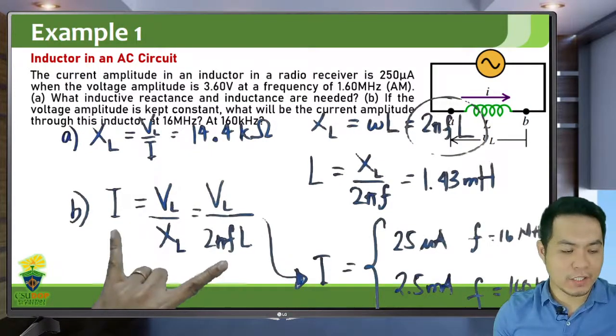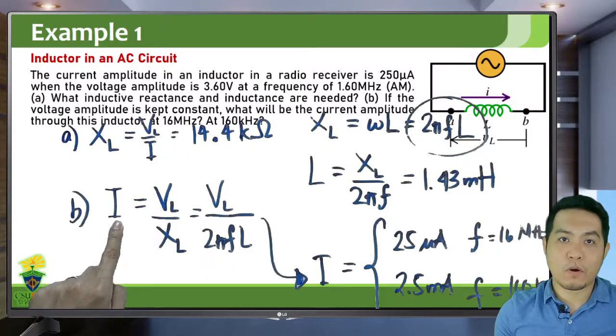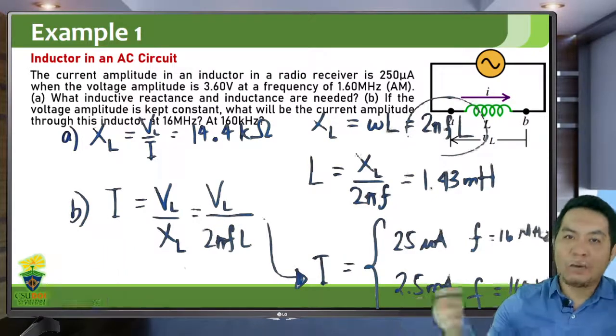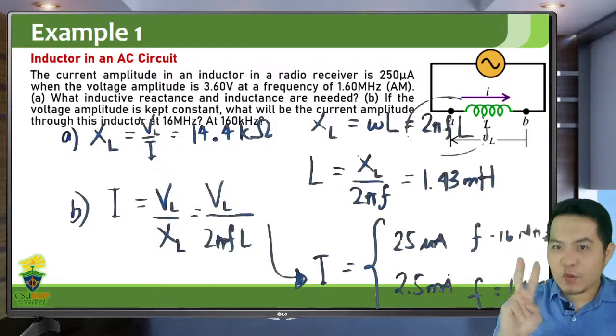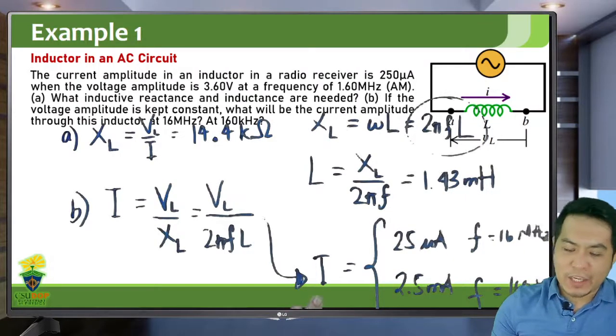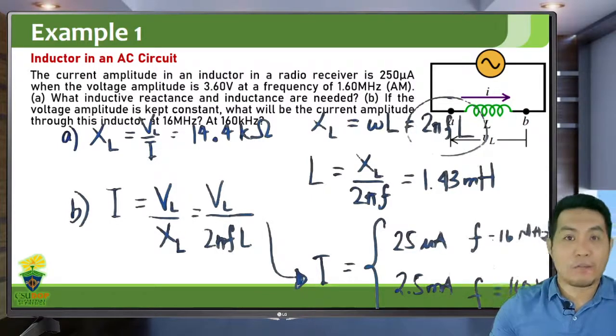As you can see in this equation, the larger the frequency, the smaller the current amplitude. So in a radio, you can have two modulations. You can change the current amplitude, or you can change the frequency.